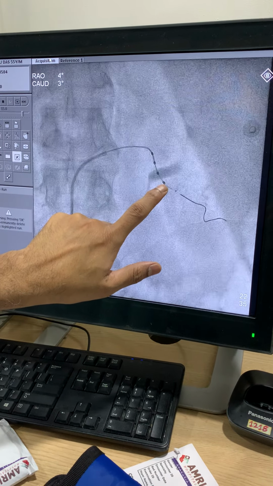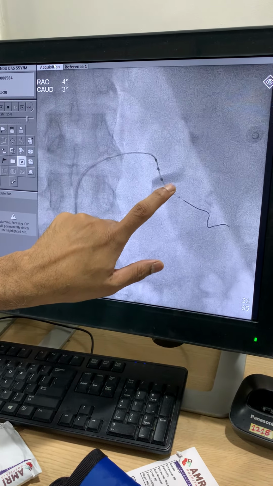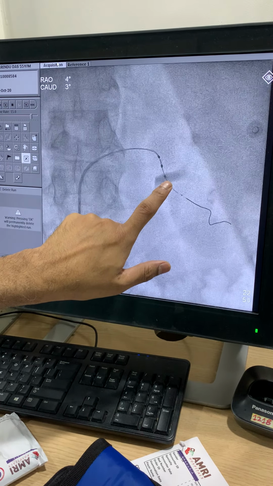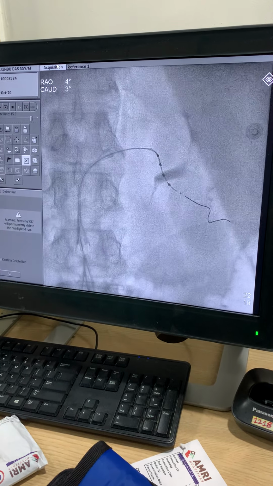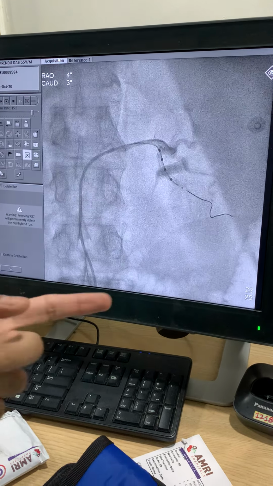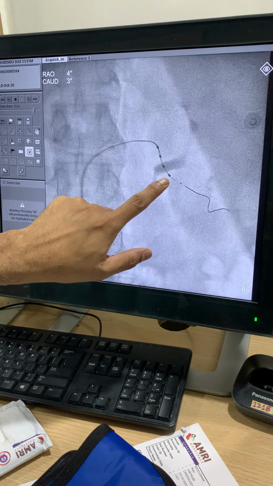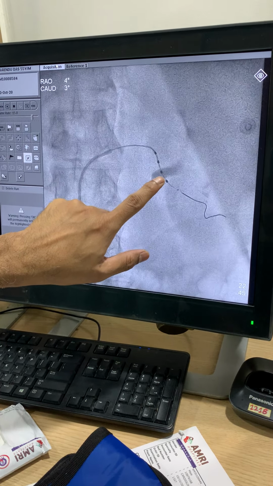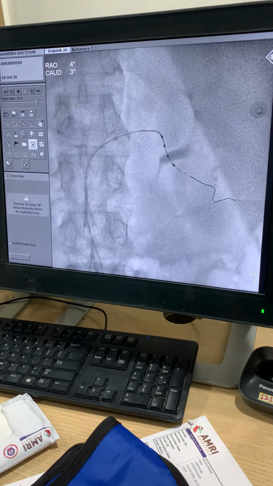Once these electrodes touch the endothelium, you get a certain impedance, and there is a machine monitor. In the second part of the video, I will be demonstrating the machine and the catheter. But it is very important to have this information from the machine, that the machine should show good impedance and the catheter tip should be stabilized.